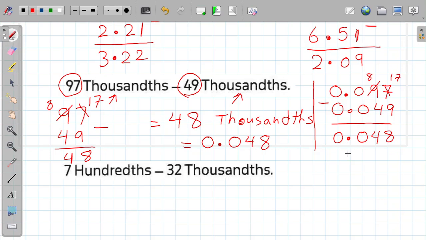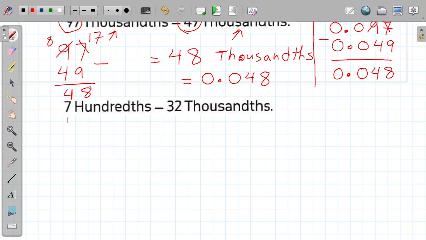Okay, here I have 7 hundredths minus 32 thousandths. Here I don't have the same place value. I have here hundredths and thousandths. So if I want to change these two forms to the standard form, I will say 7 hundredths is 0.07.